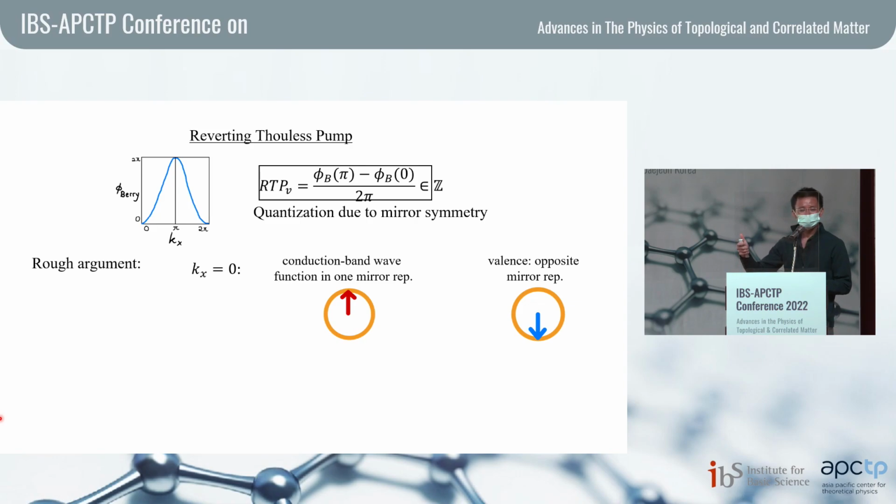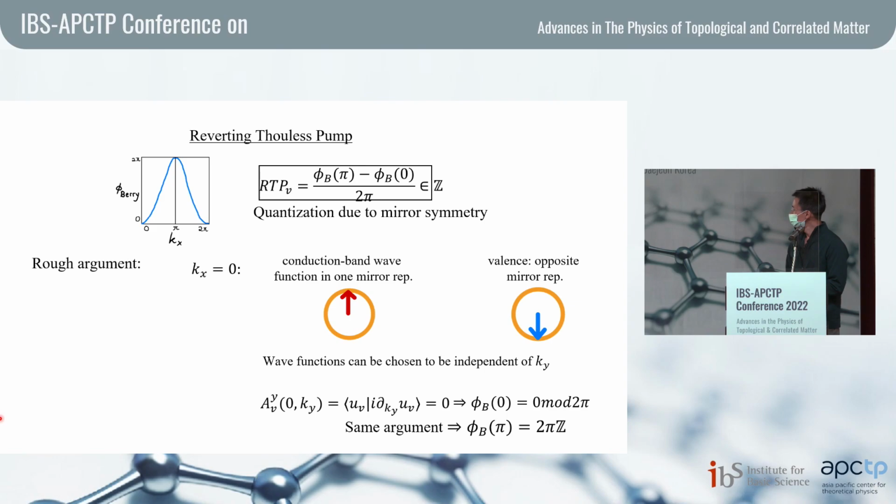The point being that it's fixed, independent of ky. Which means you can always choose the wave function to be independent of ky, which means that you can always choose a gauge such that the intraband Berry connection vanishes, which implies the Berry phase equals 0.